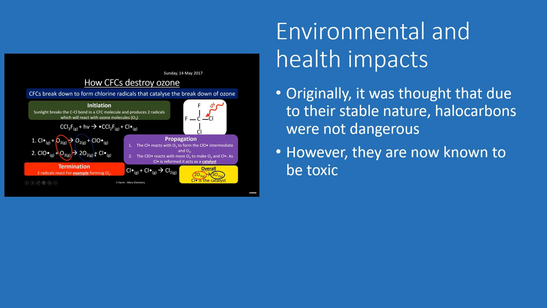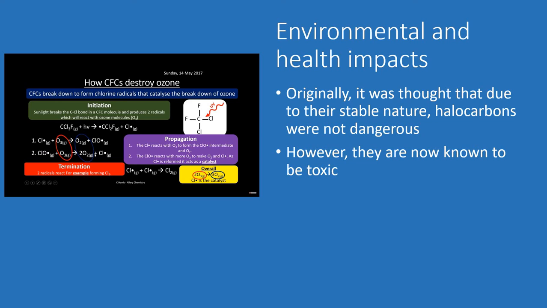As you can see, it's a radical reaction. It breaks down to form chlorine radicals that catalyze the breakdown of ozone. So you have initiation: a molecule will react with ultraviolet light and form 2 radicals. In this case we're using chlorine, and this chlorine radical will react with ozone and form a ClO free radical.